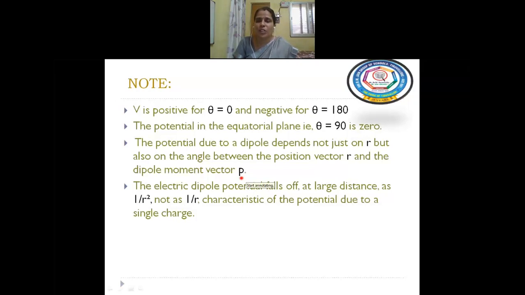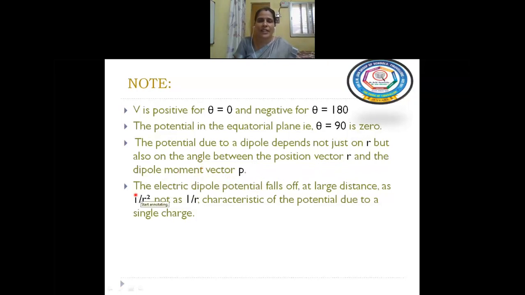So the potential depends on two quantities here. One is the distance, which is nothing but R, and also the angle between the position vector R and the dipole moment vector P.